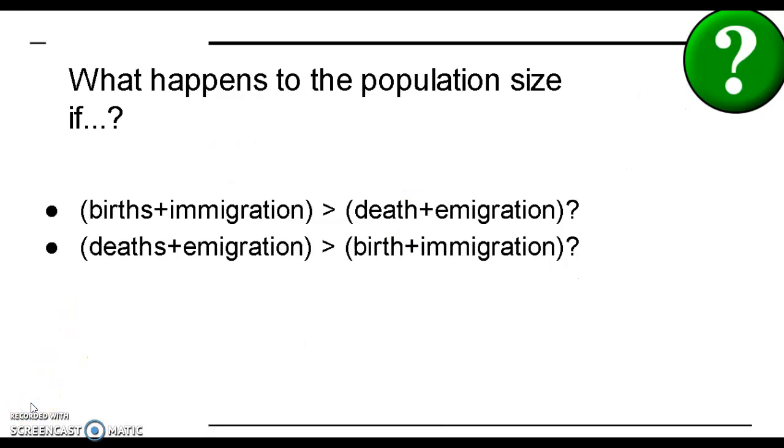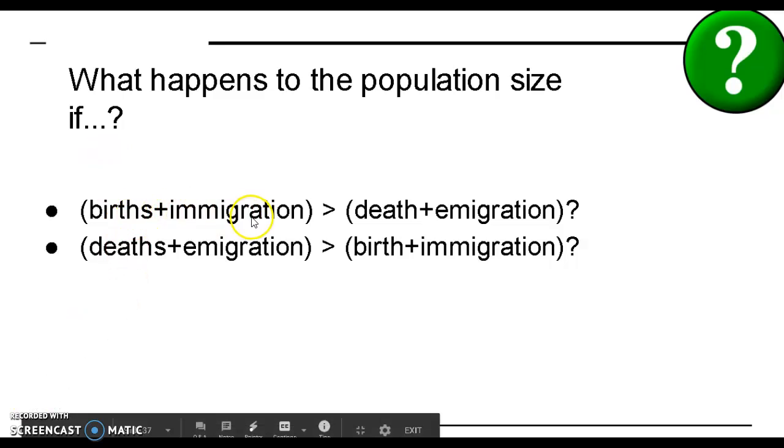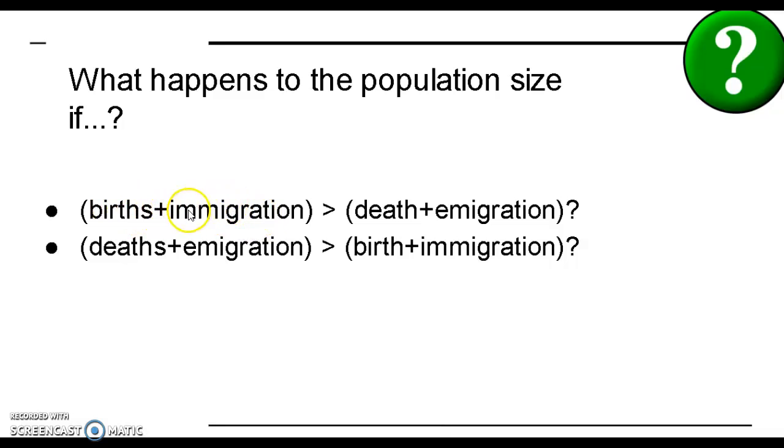What your focus is going to be for your activity today is how these four factors work together to contribute to population size. So, what do you think would happen to the population size if the number of individuals being added to the population, like the number of births, plus the number of individuals moving in, is greater than the number of individuals dying and the number of individuals moving out?